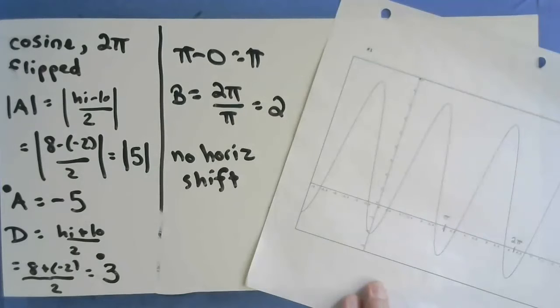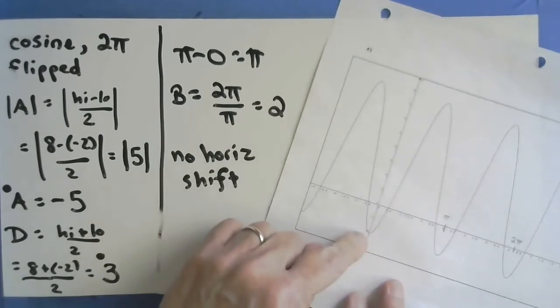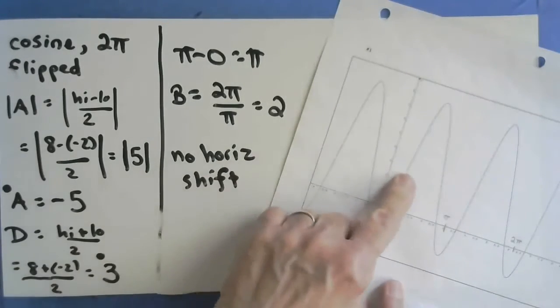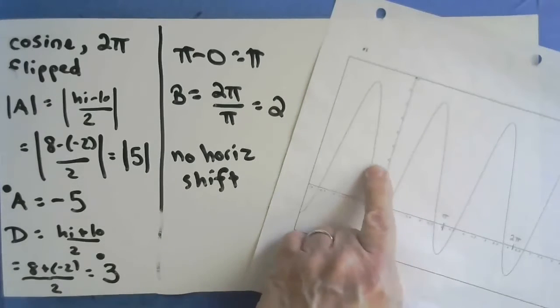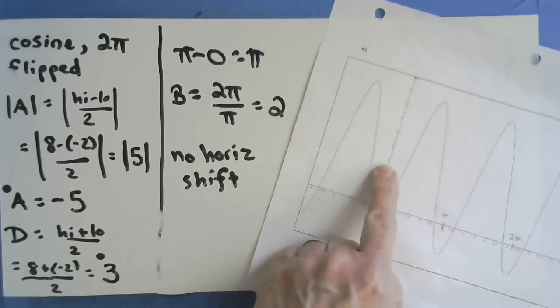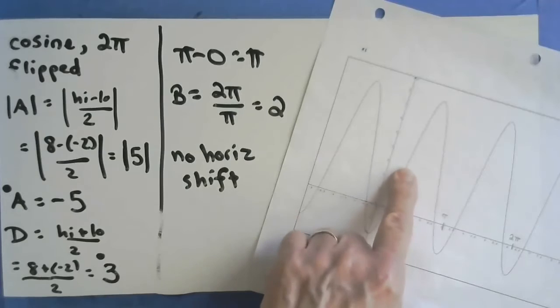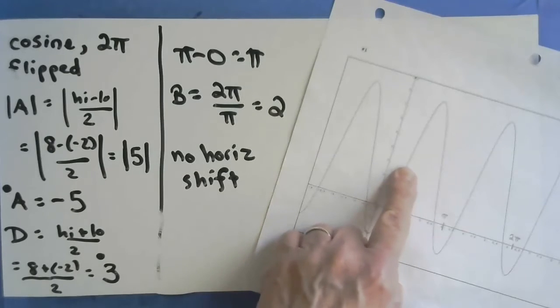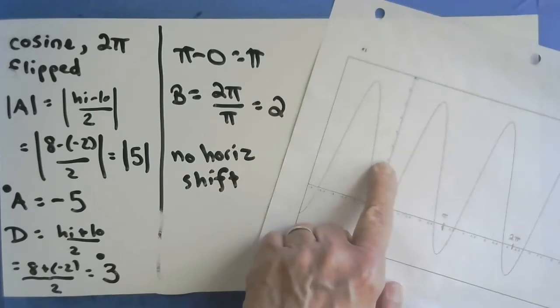If I had picked sine as my function and say sine and not flipped, then I want the halfway point in between, which we saw for D is 3. So I would look here, that's where my baseline would be going through. And so sine, without being modified, starts with this point on the baseline sitting on the vertical axis.